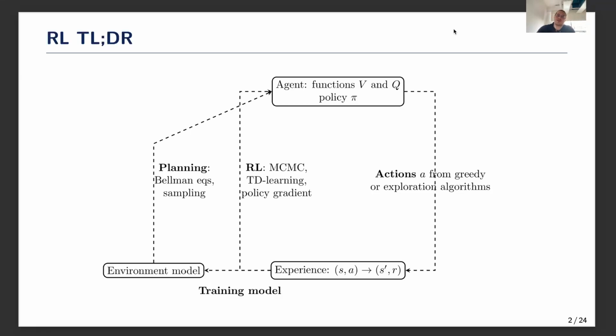So first of all, at the top of the diagram we have the agent. The agent is the core learning and decision making component of reinforcement learning. The agent learns three key things.